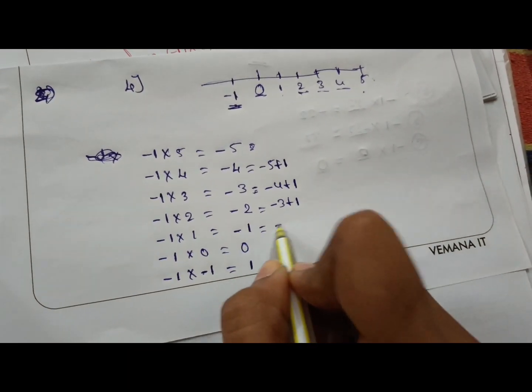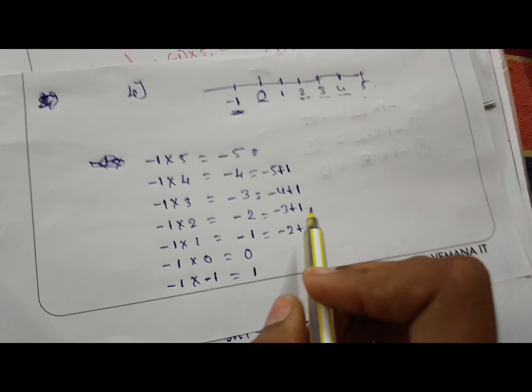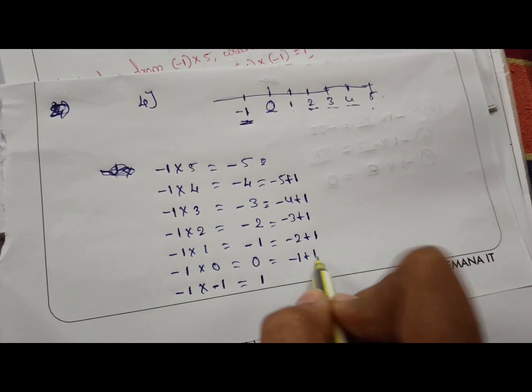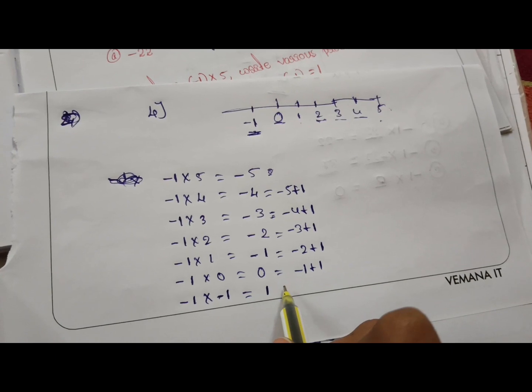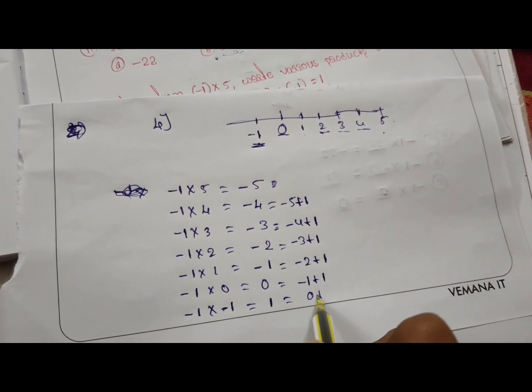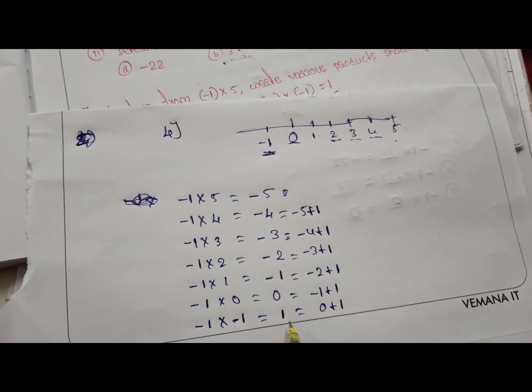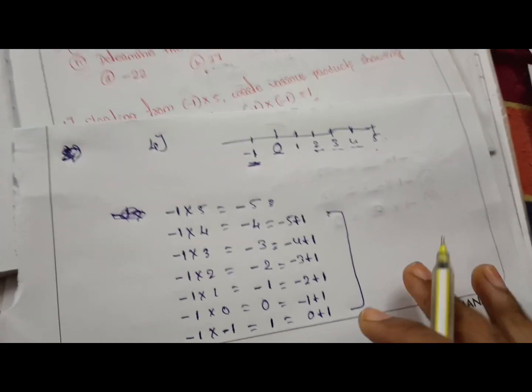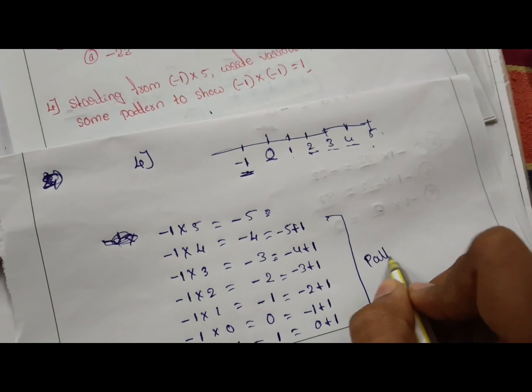Minus 2 plus 1 is equal to minus 1. Minus 1 plus 1 is equal to 0. For 0 we add one number, 0 plus 1 is equal to 1. This is the pattern for this question.